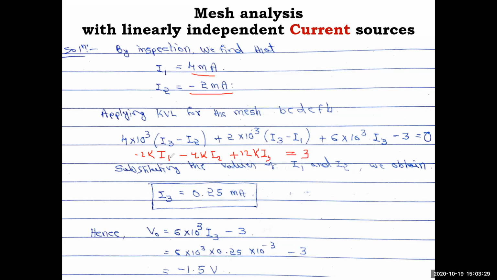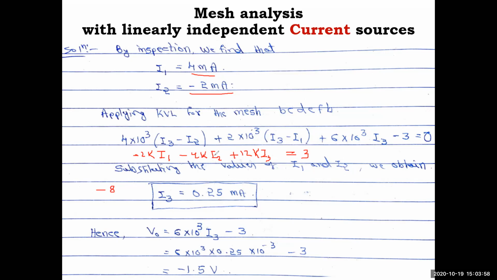So now I1 is 4 milliamps, right? So 4 milliamps and 2 kilo ohms, kilo and milli will cancel out. So 4 into 2, minus 8 you will get. Then minus 4k I2. What is the I2 current? Minus 2. So minus 2, kilo and milli cancel out.